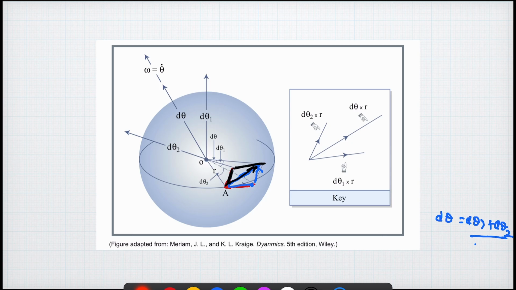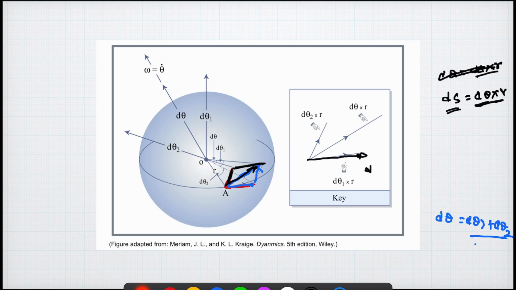Another way to understand this is that the displacement ds can be written as d theta times r. Because these are very small angles, this displacement can be considered a straight line.